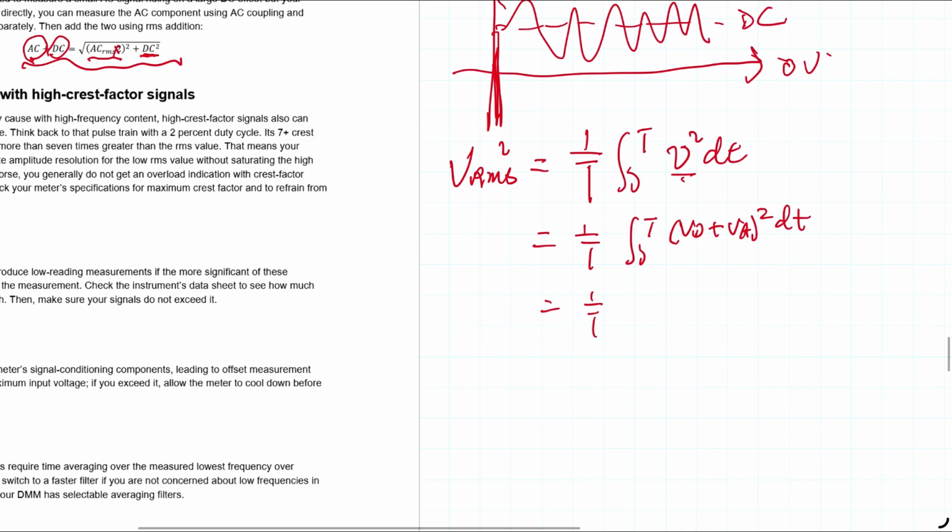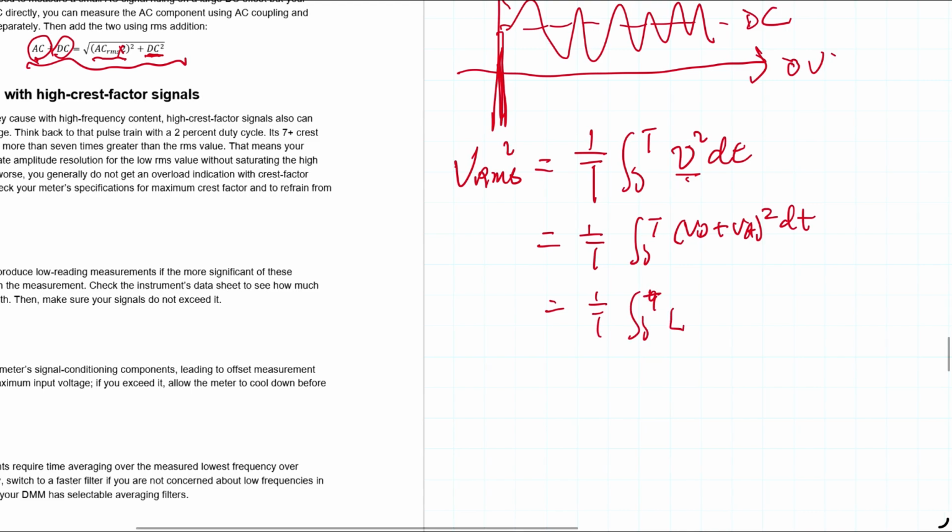And here we can expand this square, so we have VD squared plus 2 VD VA plus VA squared, dt. Then you can separate this integration into 3 parts.